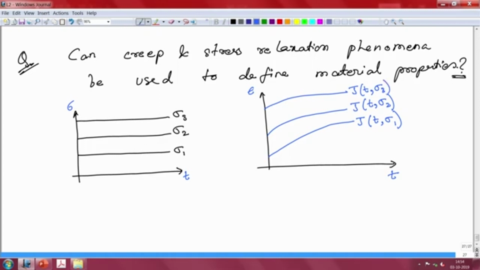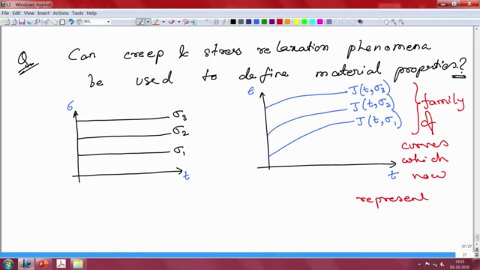All of these graphs actually represent material properties, so they are representative of the material behavior. So now you have a family of curves which represent material behavior.